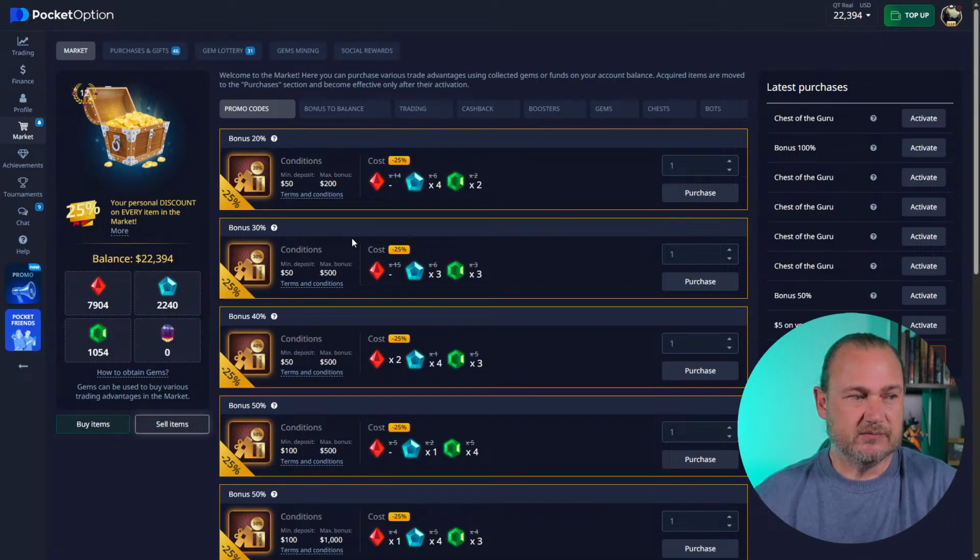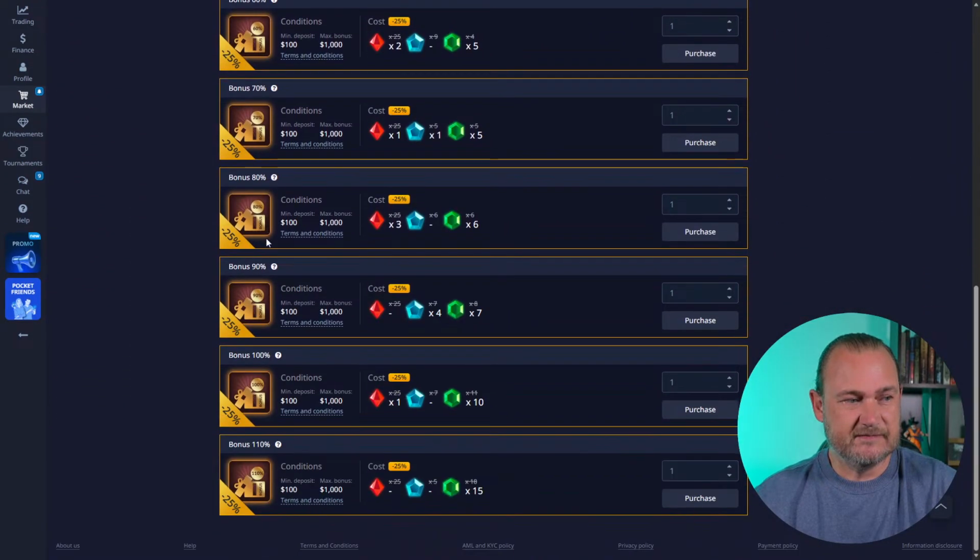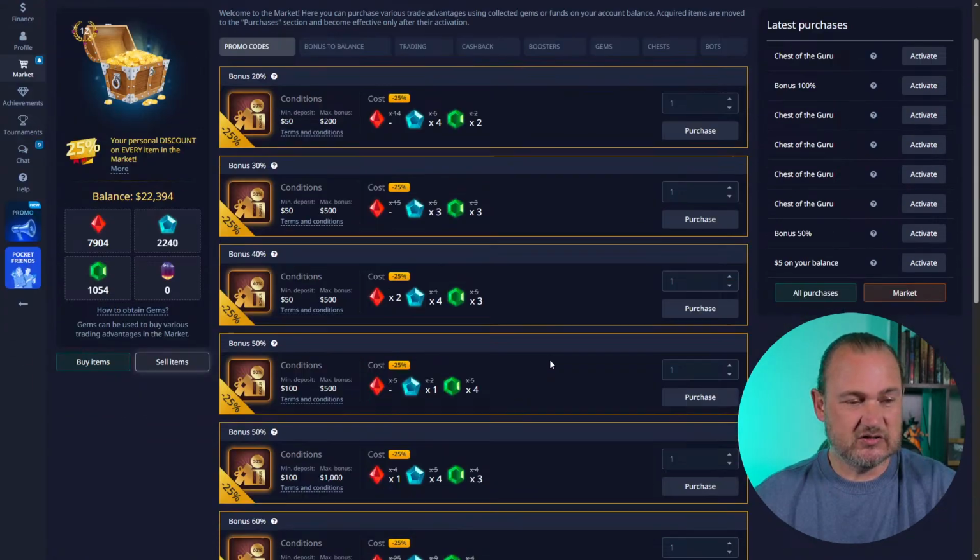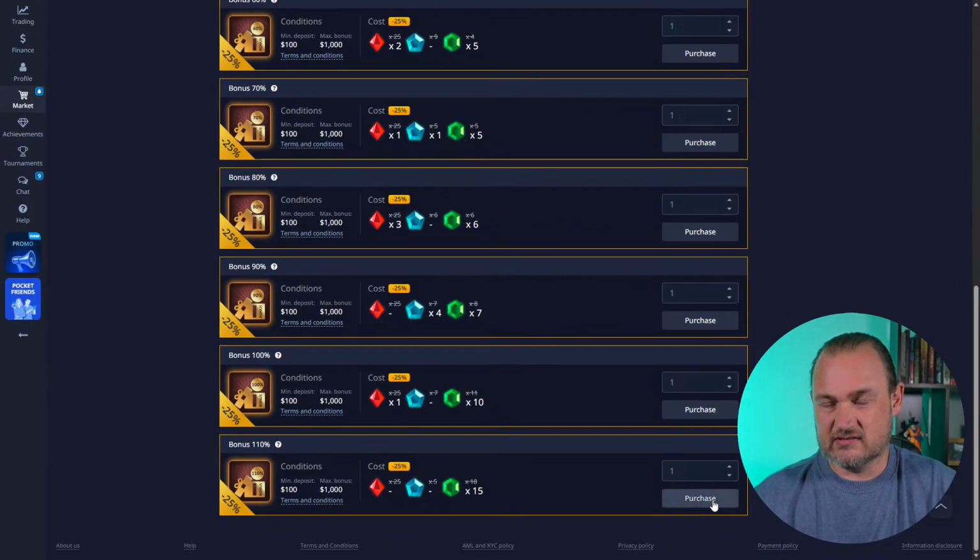So suppose this page contains promo codes, and you can go up to 110%. Let's say I wanted to deposit and I wanted a nice promo code, I can buy this for 15 green gems. We can see I've got some gems there. So I can purchase this.